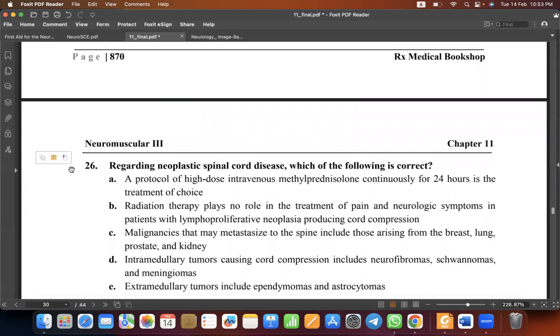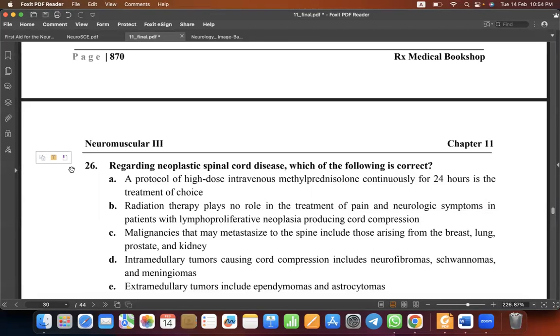Now, another important question regarding spinal cord neoplastic disease, what should we think? First important thing is that the statement that extramedullary tumors include ependymoma and astrocytoma is wrong. The intramedullary tumors include ependymoma and astrocytoma. Intramedullary tumors cause cord compression. That is the astrocytoma and ependymoma.